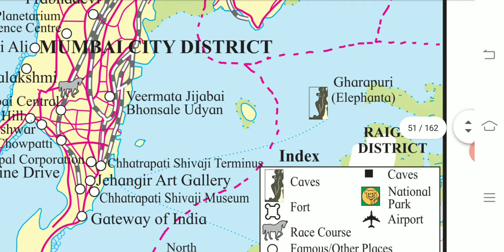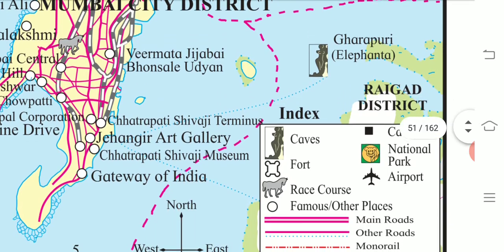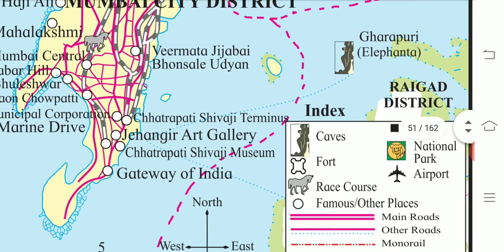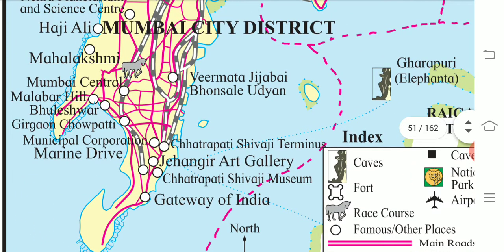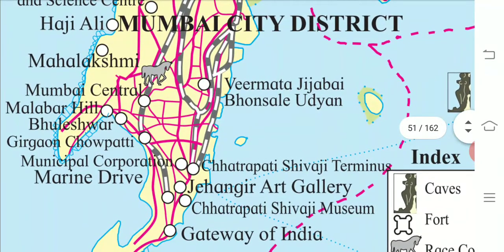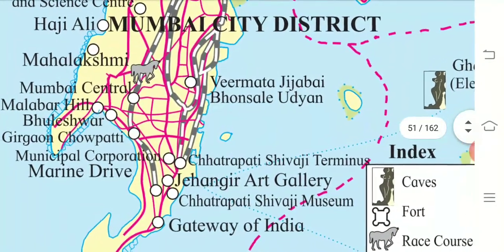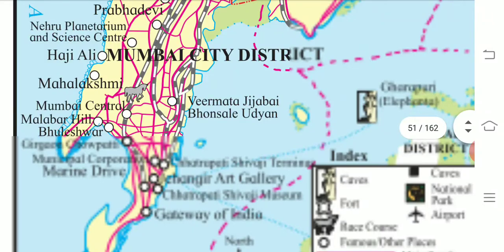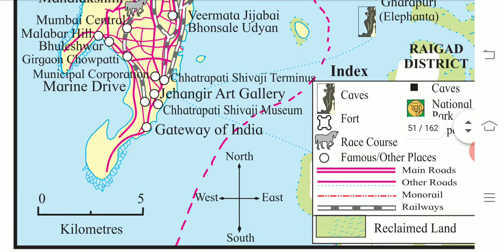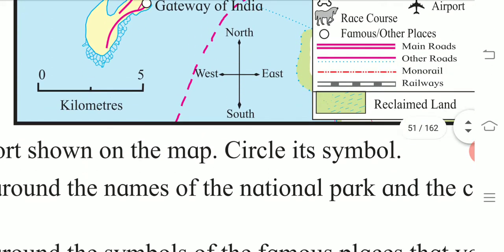Here, Gharapuri and Elephanta Caves are located, and here Mahalakshmi Racecourse is located with the symbol of a horse. Let's go ahead.